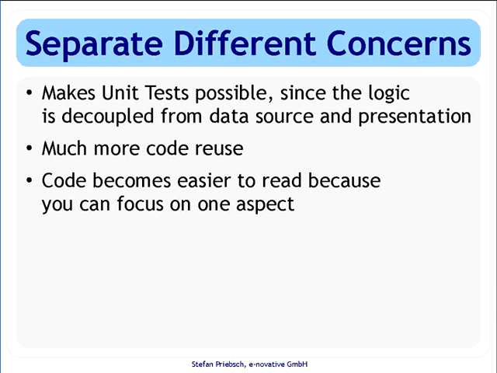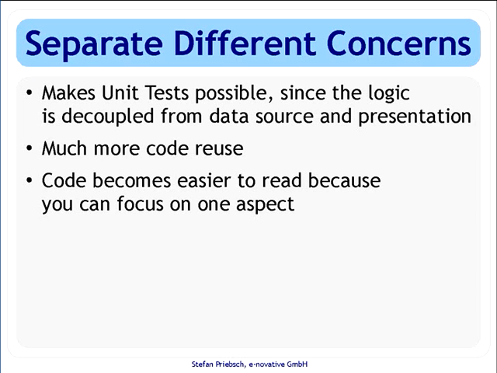Separating concerns, by the way, is also about separating things that are specific to your application from things that can be used in a general sense. So that would maybe go into a framework. Code also becomes easier to read because you can focus on one aspect.